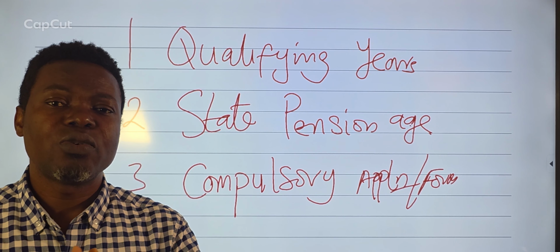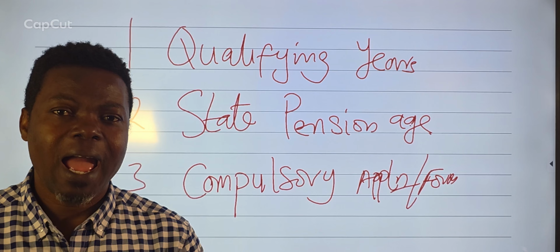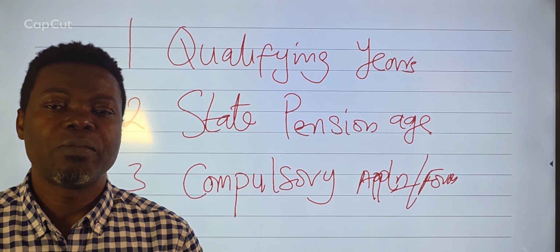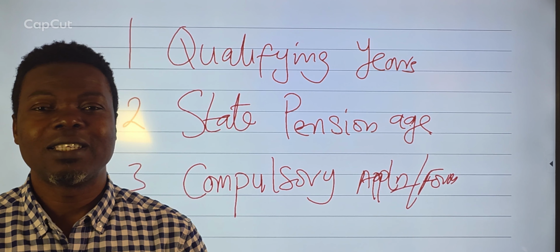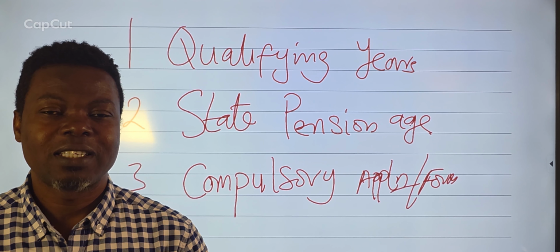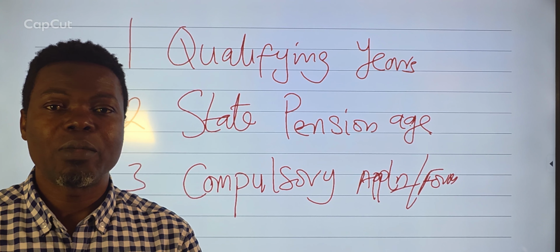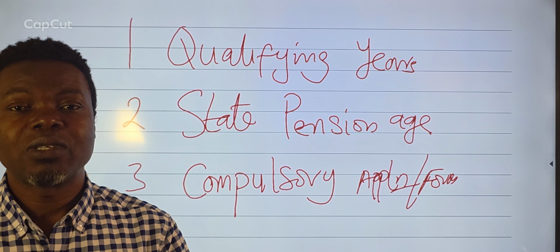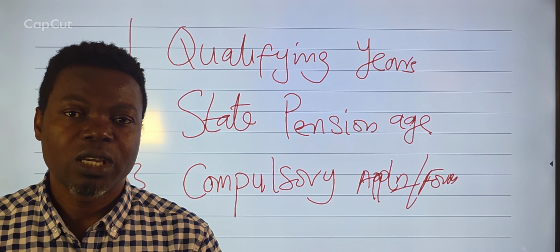But immediately you attain that state pension age, then you will be qualified fully to be receiving payment from the UK government. Currently, the state pension age is 67 years. If you are 67 years and you have met the first requirement, which is the qualifying years, that means you are supposed to start receiving payment from the UK government.